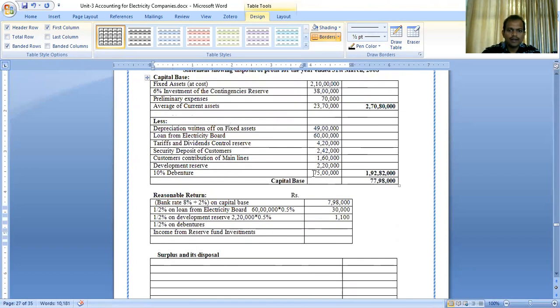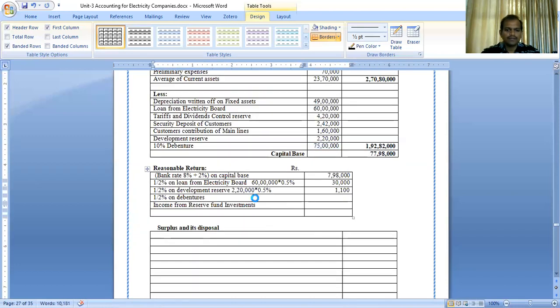So we calculated debentures as 75 lakhs. 75 lakhs into half percentage comes around 37,500.